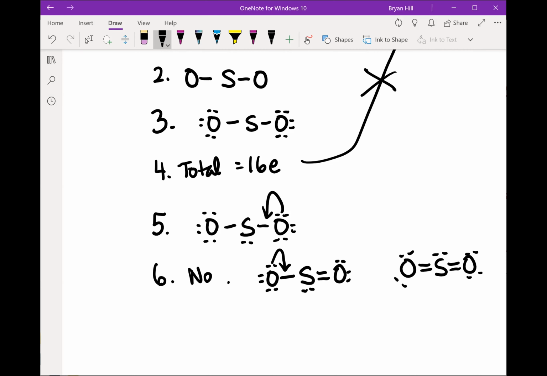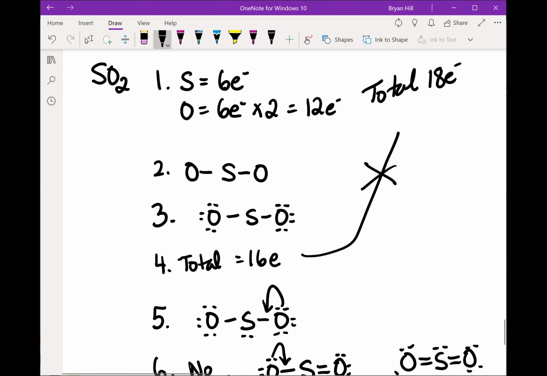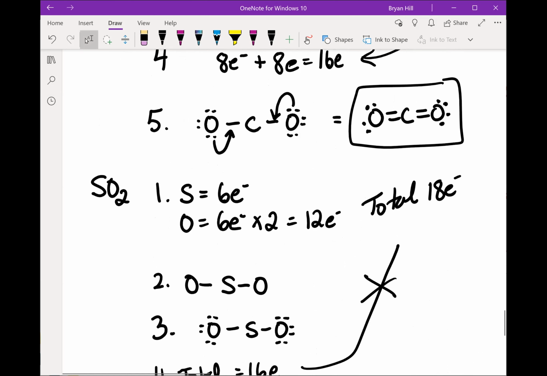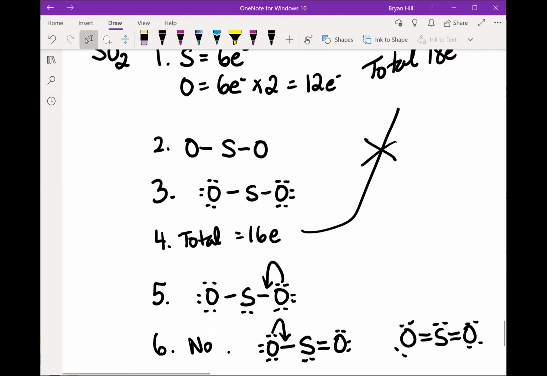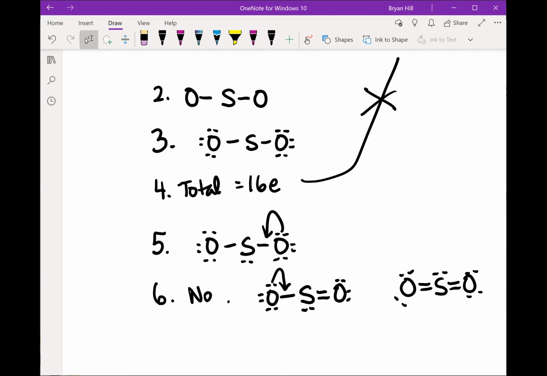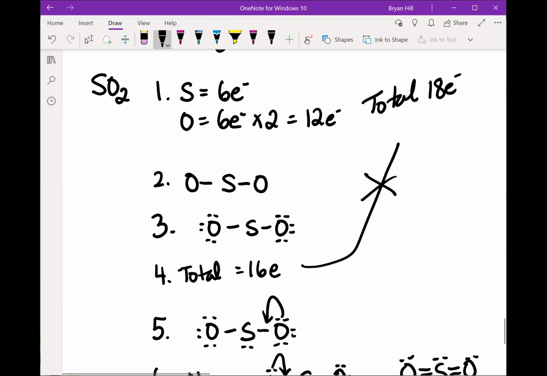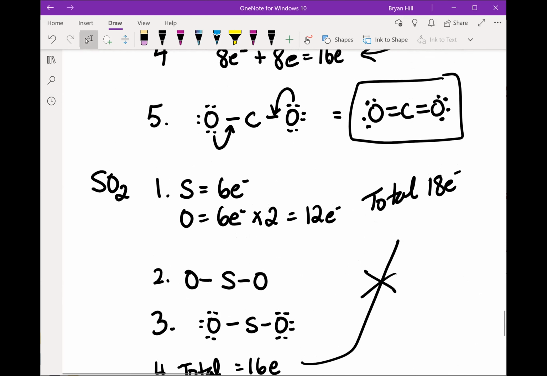But you can see here that sulfur dioxide is different than carbon dioxide. And when we do VSEPR theory, we're going to see that the actual structure of this compound is different than that of carbon dioxide.